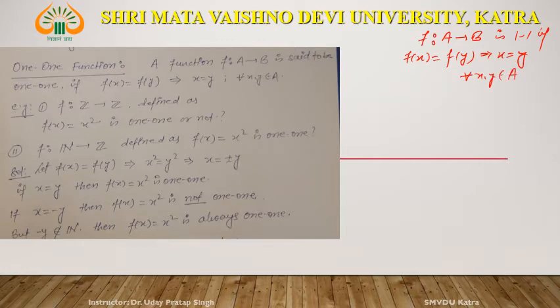Let us consider one example. F from Z to Z defined as f(x) is equal to x square. Whether it is one-one? See, what is f of 1?